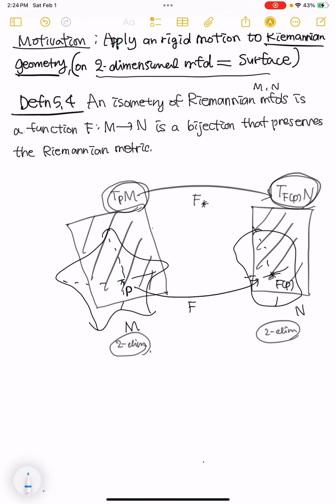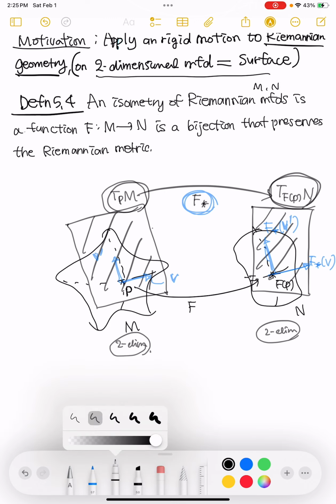So we can think about two vector spaces, V and V prime, and the map in this case by F star, written as F star V and F star V prime.